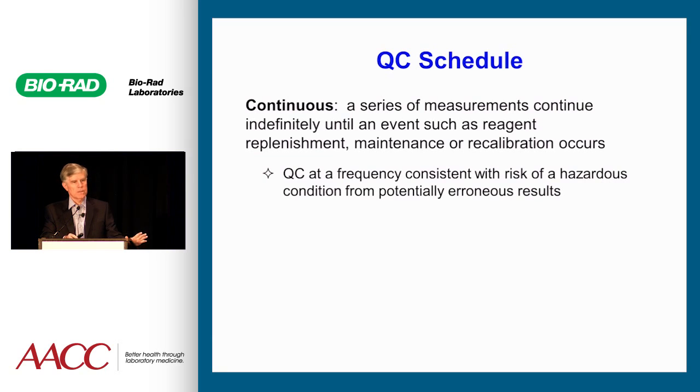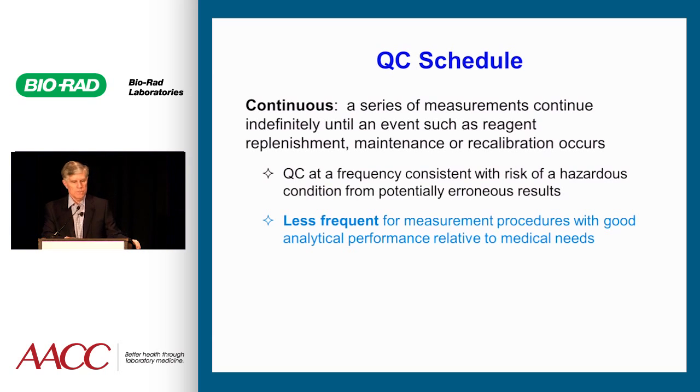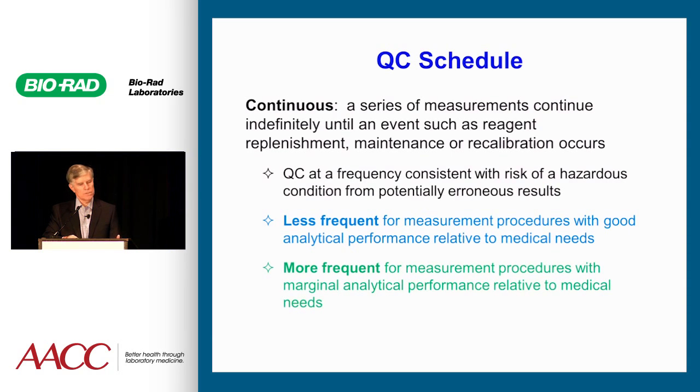So the minimum regulatory requirement in the United States is once a day. We have to give some serious consideration to whether or not that's actually adequate. We can use less frequent QC measurements when we have good analytical performance relative to the medical needs, or high sigma methods, if you use that terminology. Or we want to use more frequent measurements when the measurement procedures have marginal performance relative to the medical requirements.